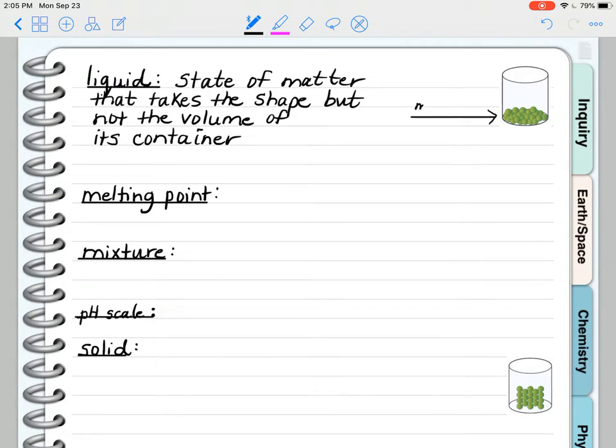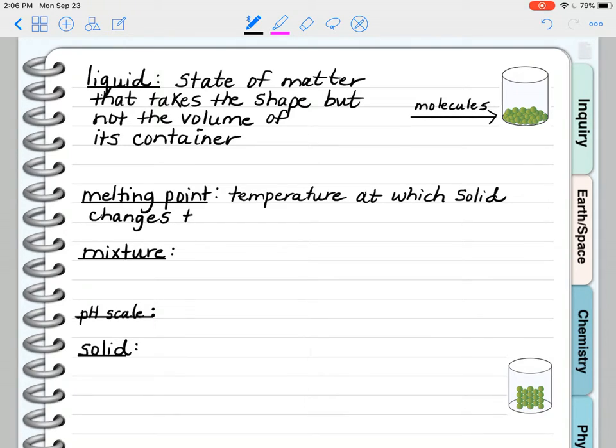And again, those little green balls in there are molecules. All right, a melting point is the temperature at which solid changes to liquid.